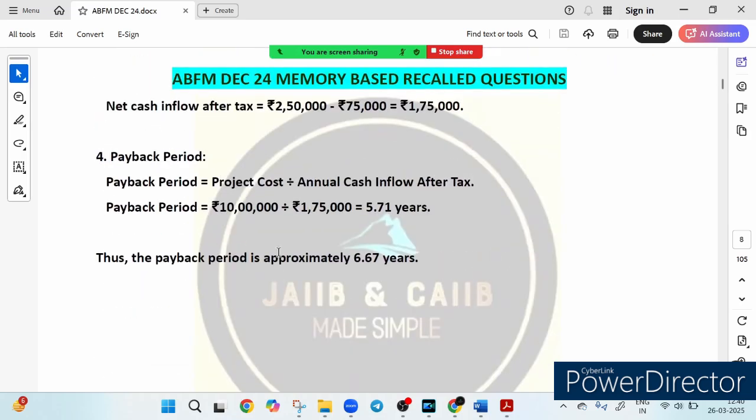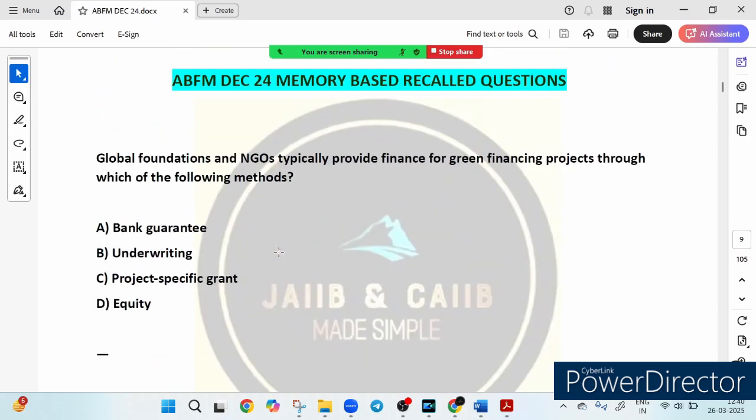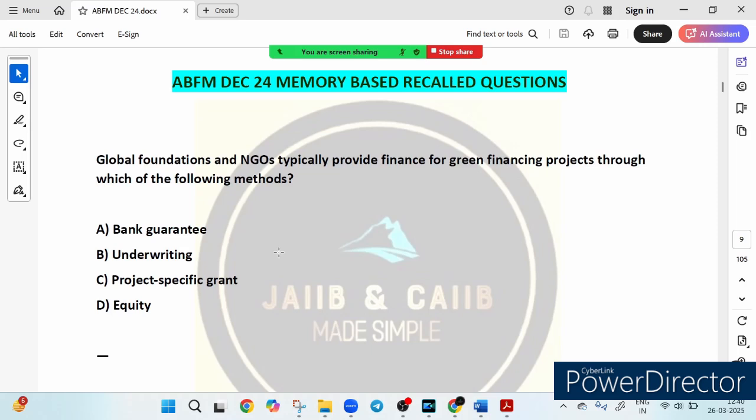Now let's shift our focus to our next question, on Global Foundation. So friends, what we learned from this question is that payback period means the time taken to recover the investment from cash inflow. Depreciation is a non-cash expense, so we always add it back.